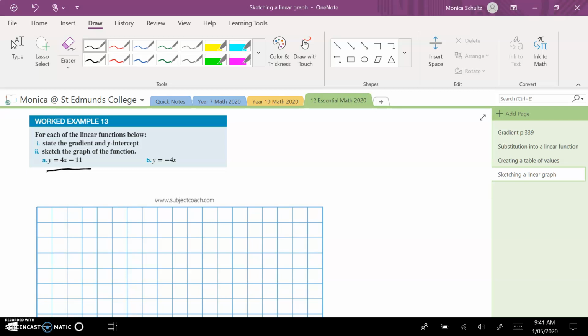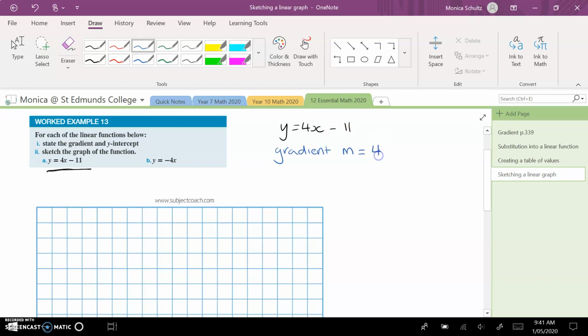So my first thing is, if I've got y equals 4x minus 11, then my gradient, or my m, is equal to 4, because I take it straight from there.